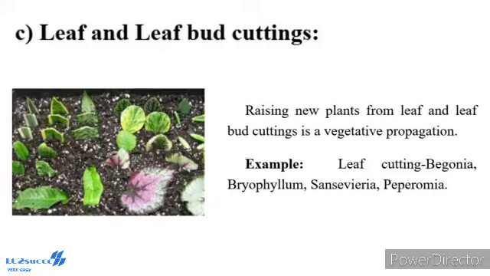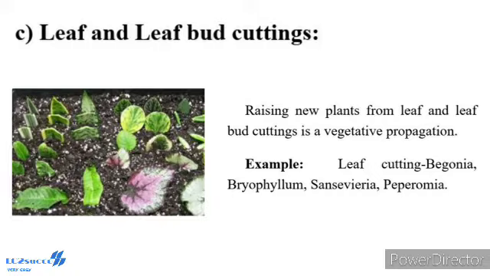In Peperomia, the leaf is detached from the parent plant and planted vertically in a suitable medium. Adventitious roots and shoots develop at the base from the petiole. In Bryophyllum, the whole leaf, when placed flat on the surface of wet soil, produces many tiny plants from the margins of the leaf.